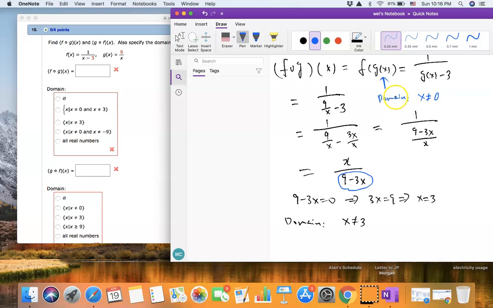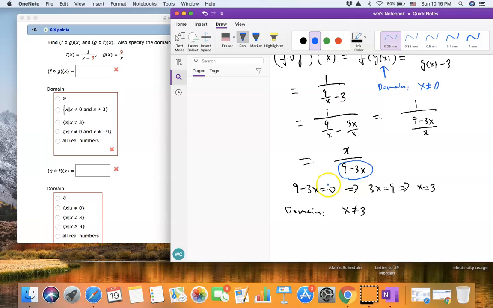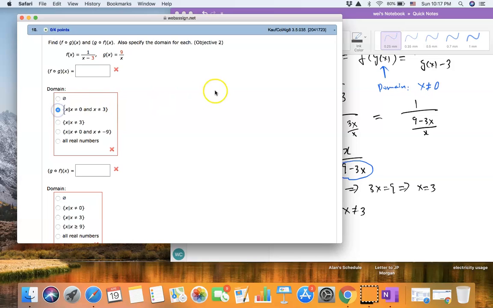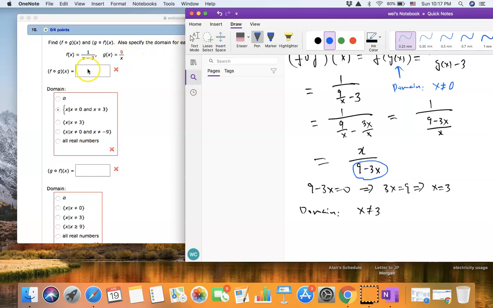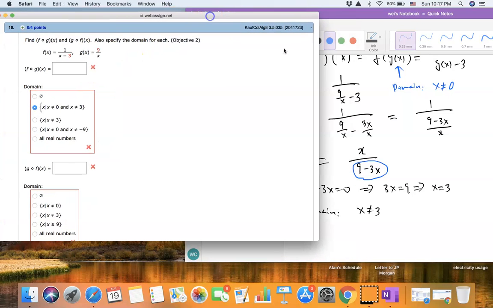Remember, we need to consider the domain of the inner function as well. So if we consider both, the answer will be B. The domain will be any number except 0 and 3, for the function x over 9 minus 3x.